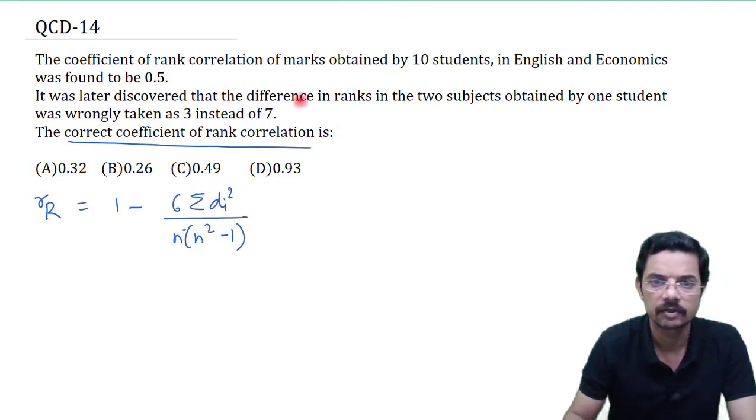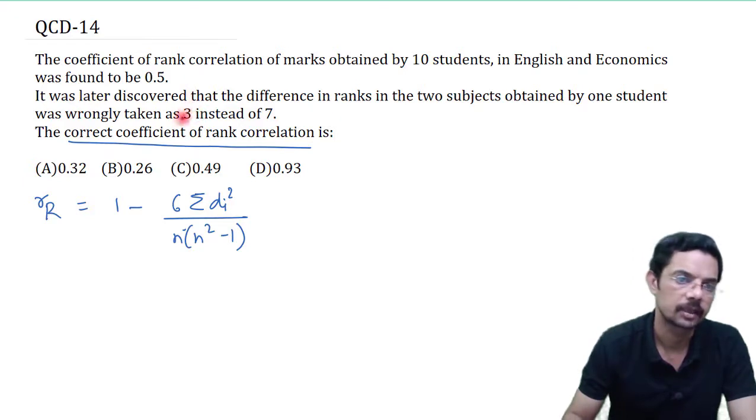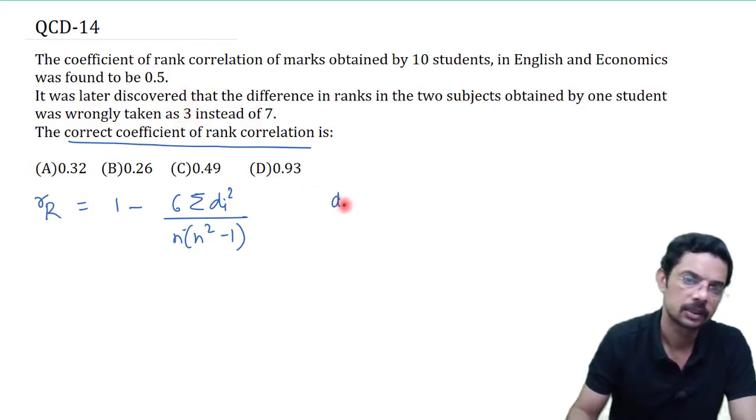Later he discovered that the difference in the ranks in the two subjects obtained by one student was wrongly taken as 3. Okay, the wrong difference dw was 3 and the correct difference was 7.